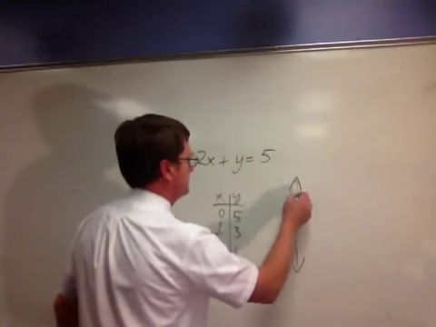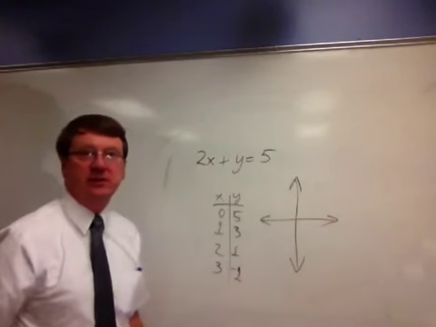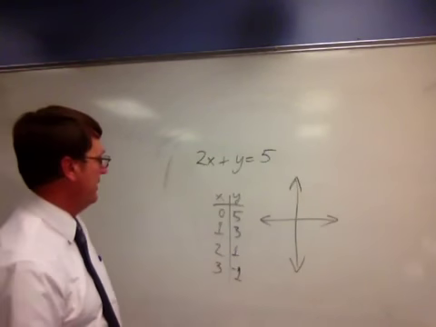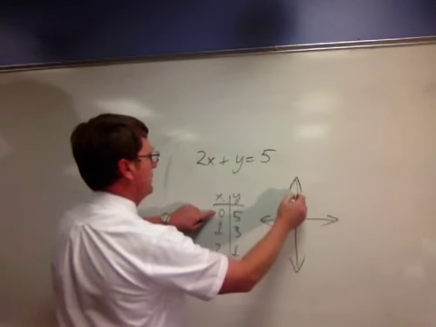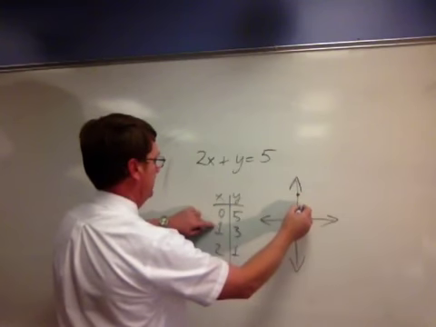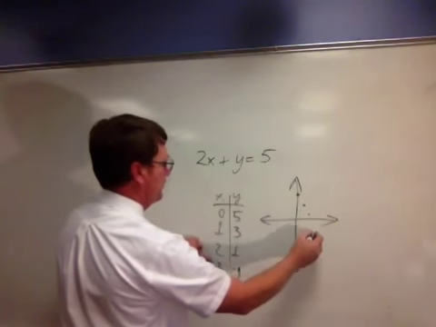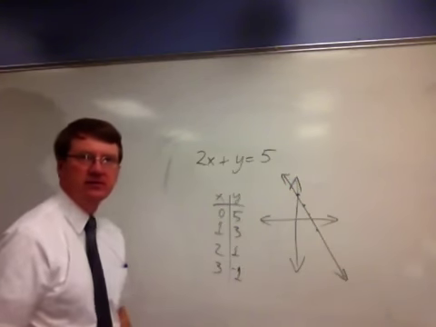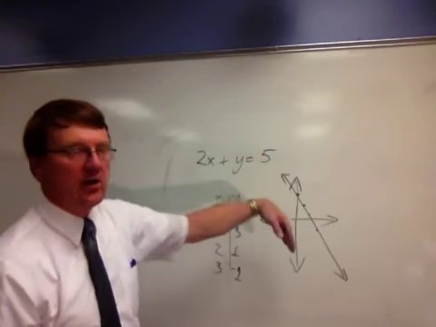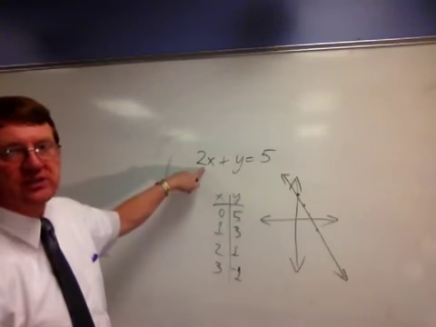Let's graph it. I just mentioned that it always turns out to be a line. Well, it's got to be a line. 0, 5: none left or right, straight up 5. 1, 3. 2, 1. 3, negative 1. Oh, wait a minute. This one goes down. That's because the slope isn't 2.